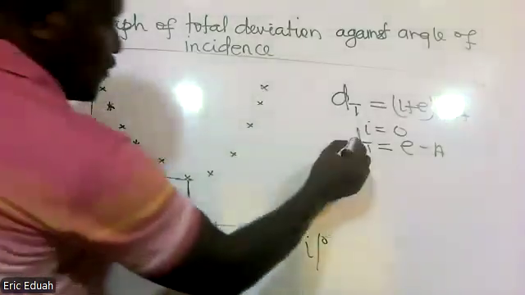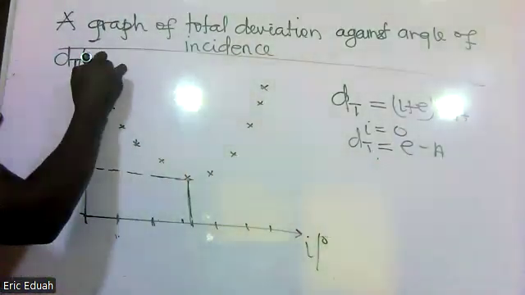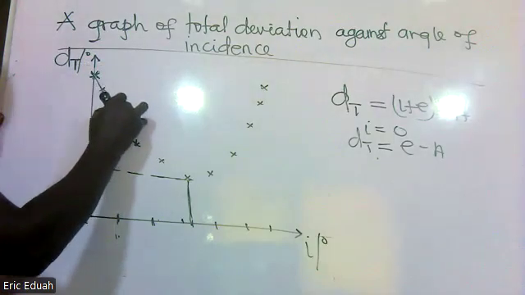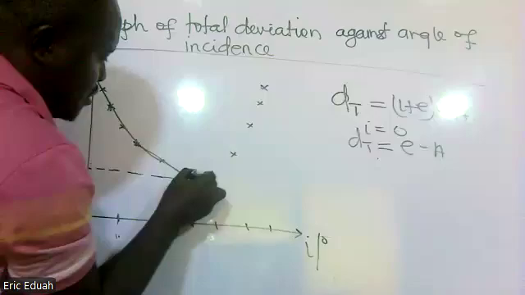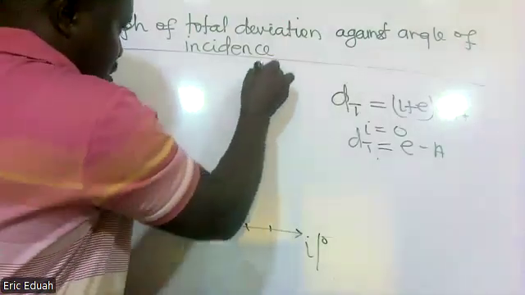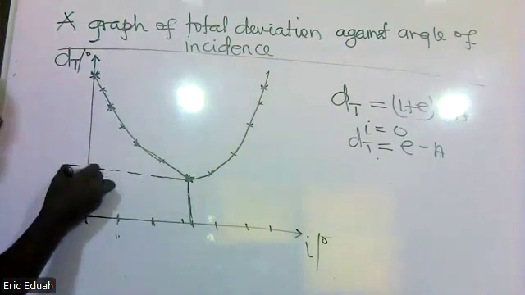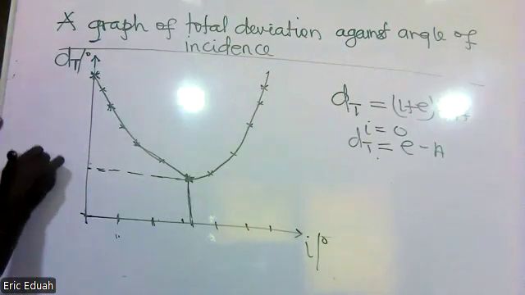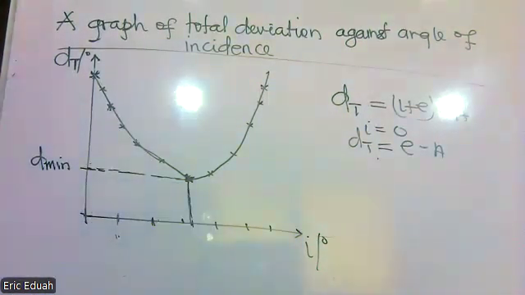So a graph of total deviation against I looks like this. And this point is equal to D minimum, the minimum deviation.